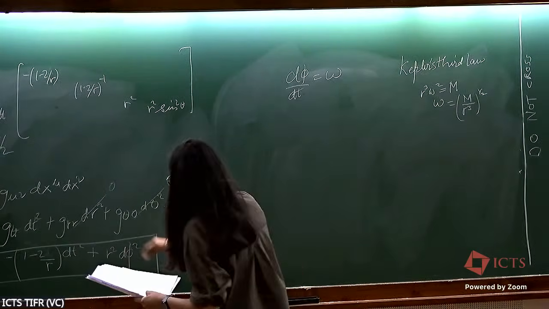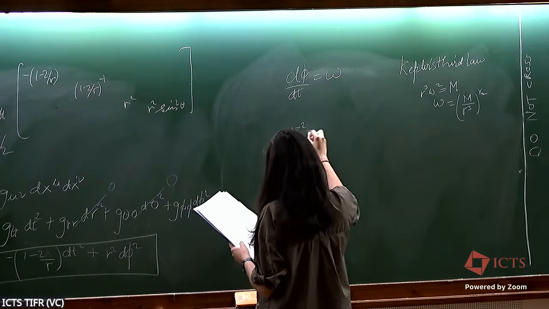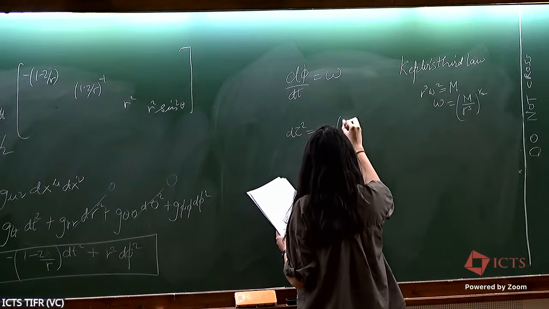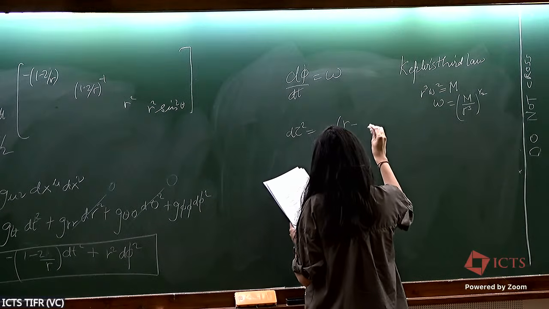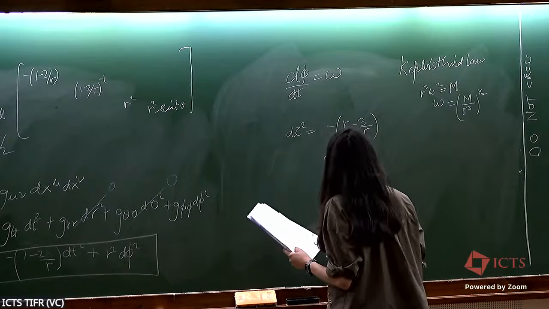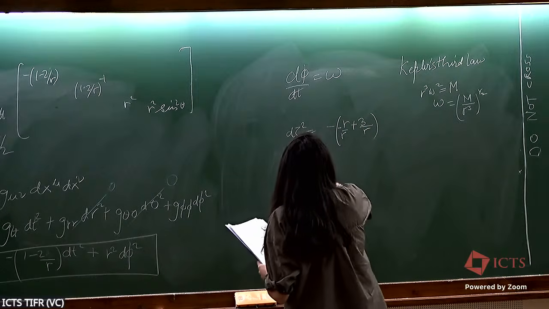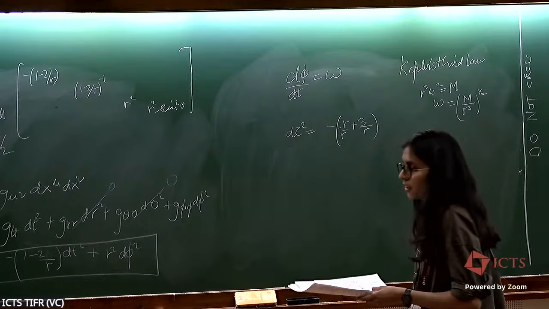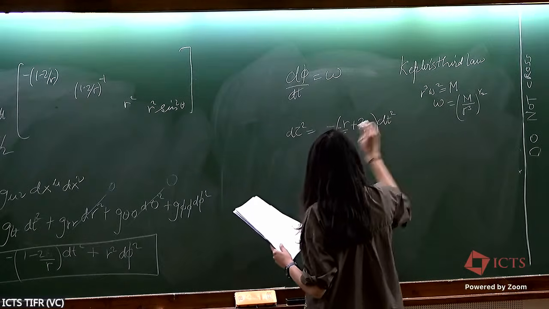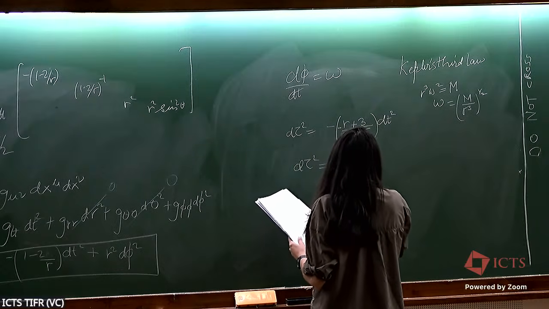If we put in everything here, we should be able to obtain this expression. One can check it easily. So we have d tau square is 1 minus 3m over r, times dt square.